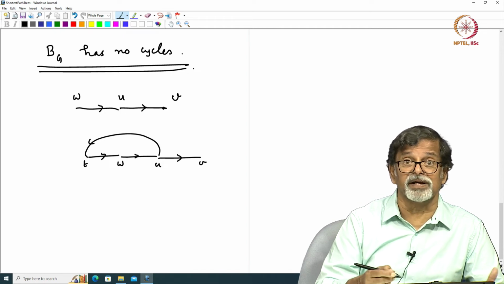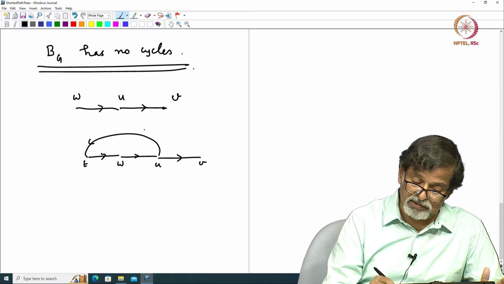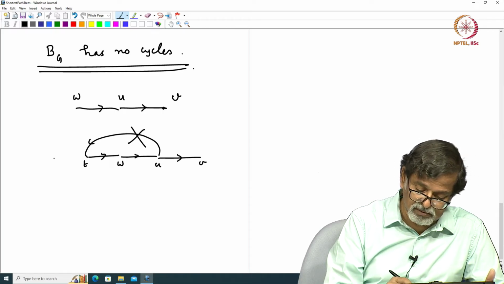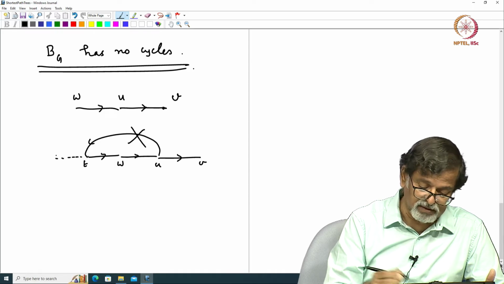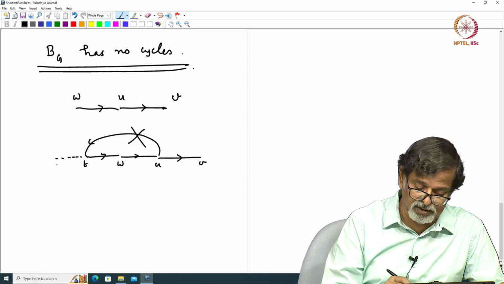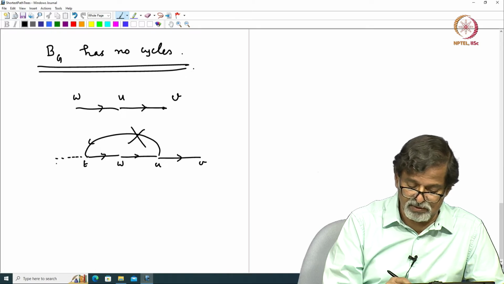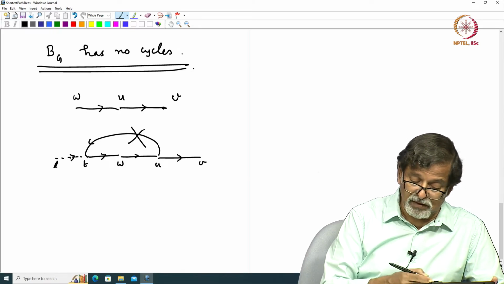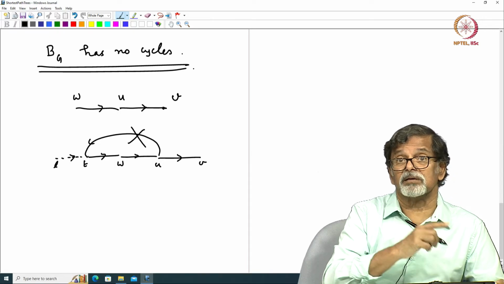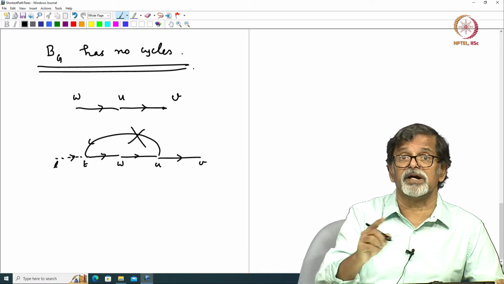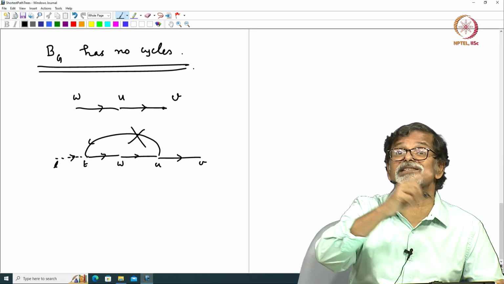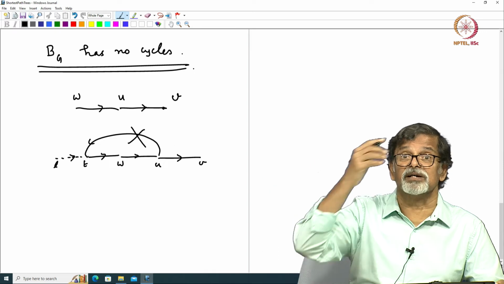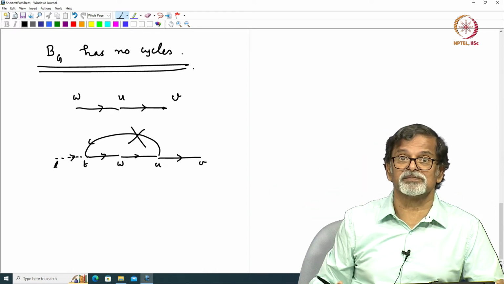Such an edge will not be there. To T probably you will come from some other vertex, some L. It will all be newer vertices. Every time you are going to come from a distinct vertex that is not encountered in our backward journey.